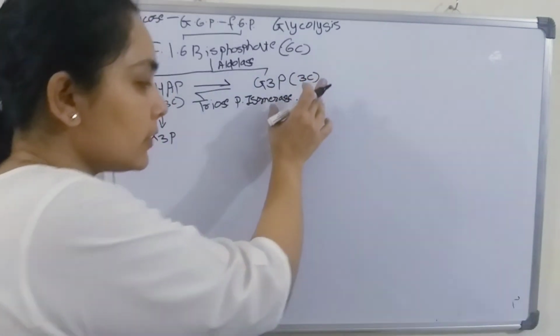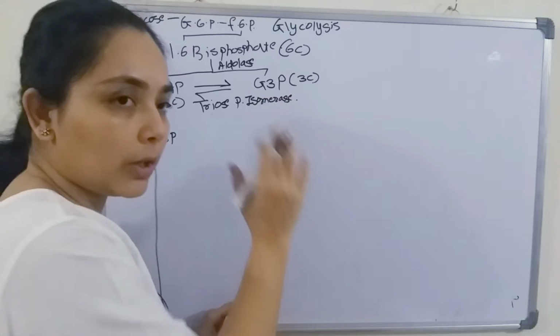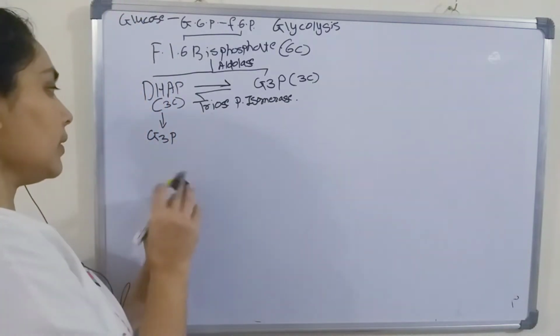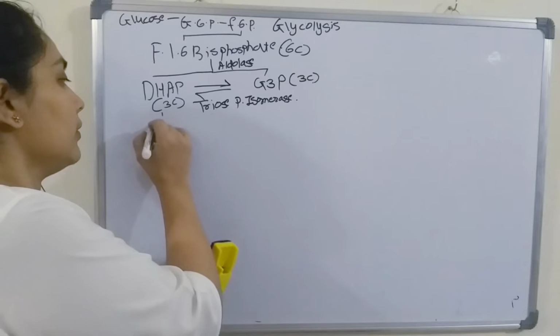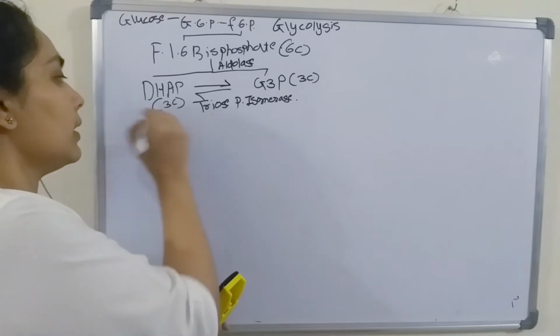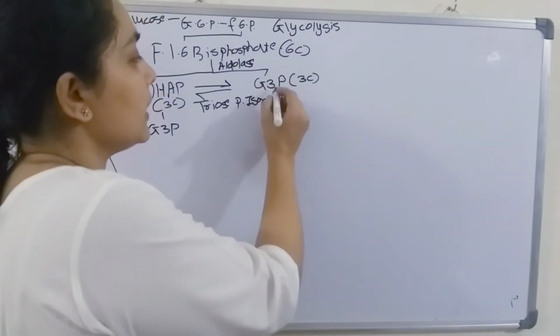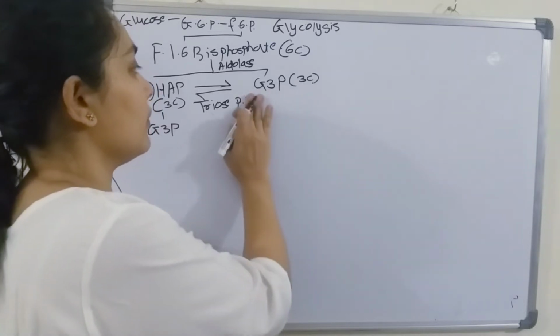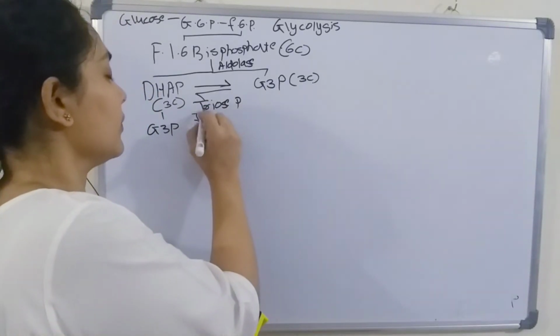So we will just focus here and consider that whatever products we are getting, we will multiply by 2. Okay, now we will keep this here for our understanding. Okay, glyceraldehyde 3 phosphate, here is the one important step that will come.